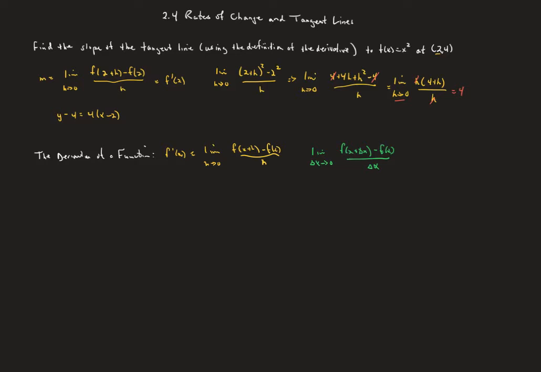There's also what's known as the symmetric difference quotient. Our calculator uses a version of this when it is doing a numerical derivative. It would be the limit as h goes to 0 of f of x plus h minus f of x minus h, all over 2h.